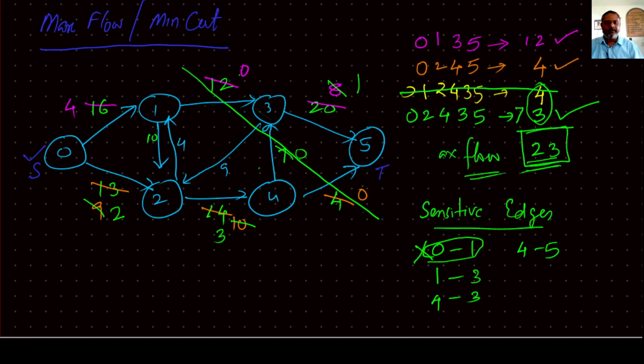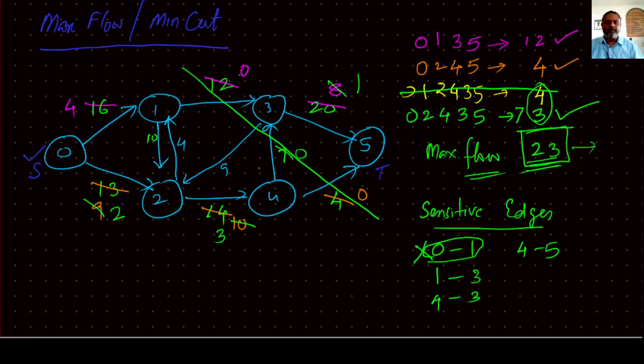That's 23, and this is the minimum cut, and these are the 3 sensitive edges. So it gets all 3 answers. What is the maximum flow possible in this from source to destination? That is 23 packets per second. So what is the min cut?